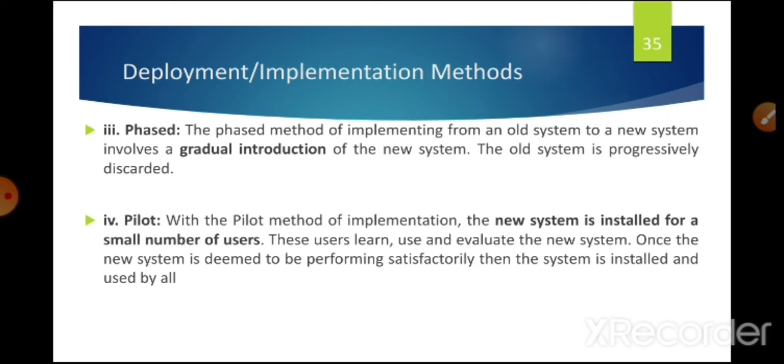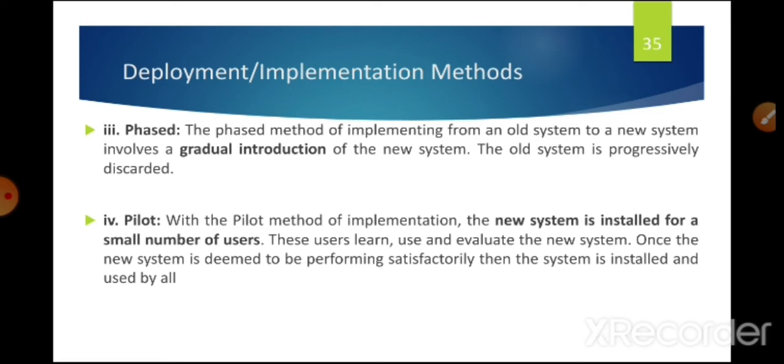In the pilot method, the software is given to some specific number of users. For example, if there are 100 employees who have to use the new system, first this new system is provided to, let's say, only 10 users. The 10 users use only the new system and the rest of the 90 users will use the old system.